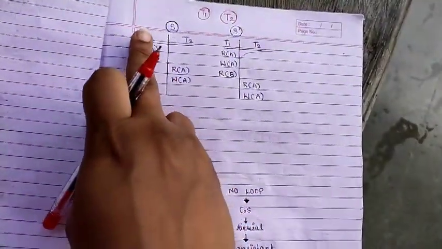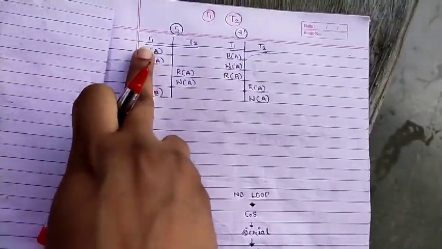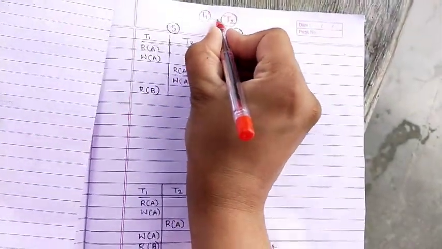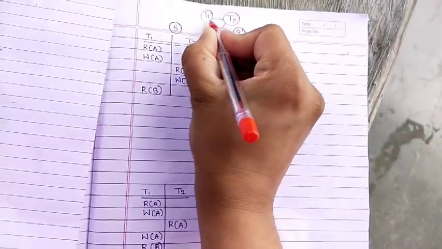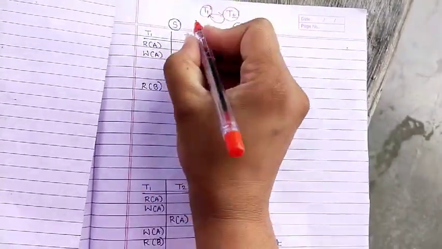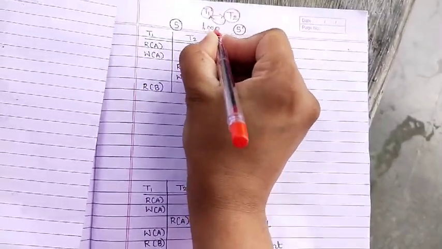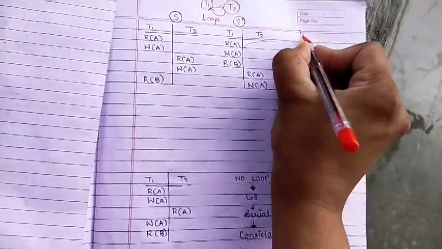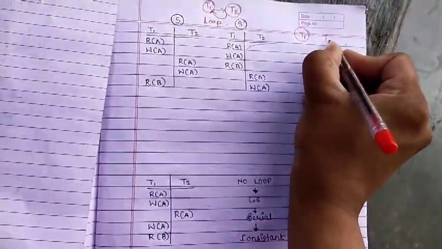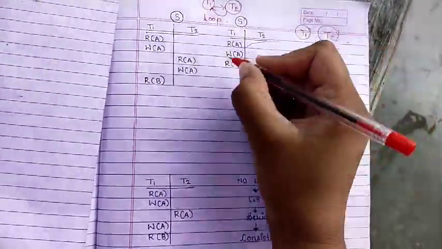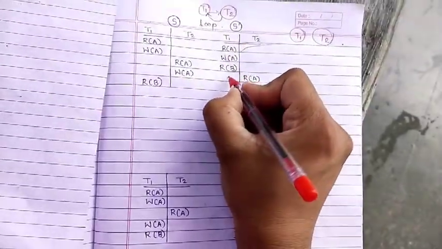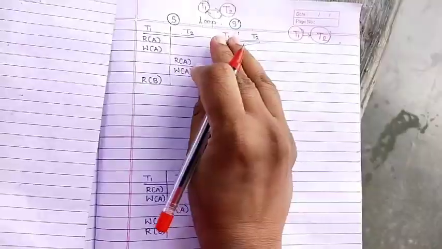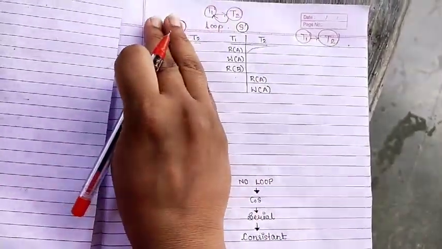First the T1 transaction will operate on read and write, then it will go to T2, and again it will go to T1, right? So there is a loop. Similarly in the S dash schedule, there is T1 and T2. T1 completes the transaction, then it goes to T2. So there is no loop. So this schedule is in serial form, and this schedule is in parallel form.